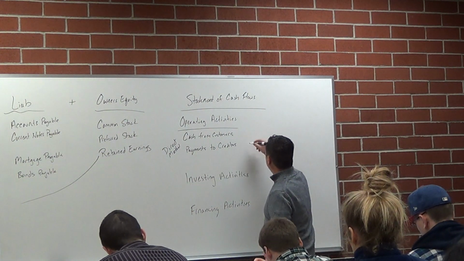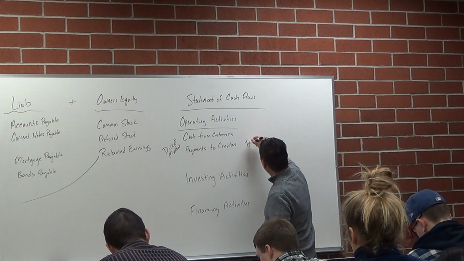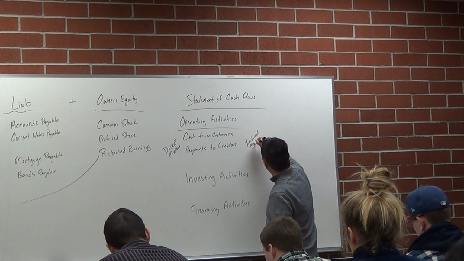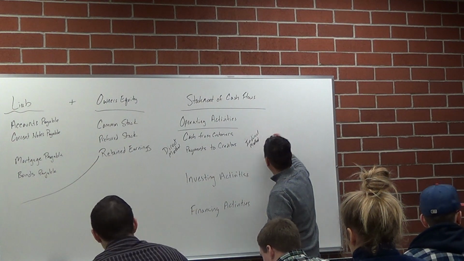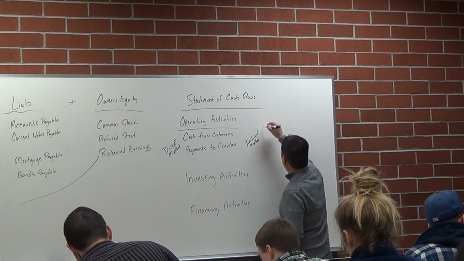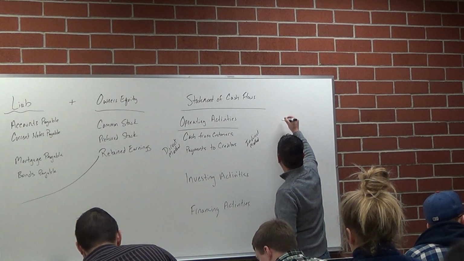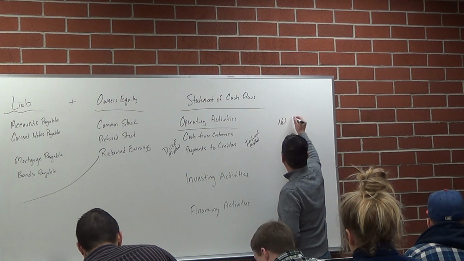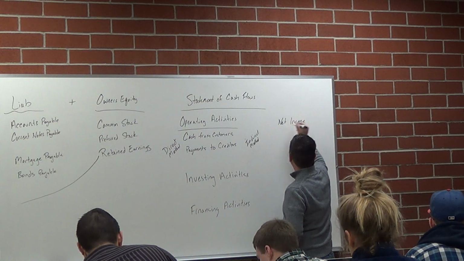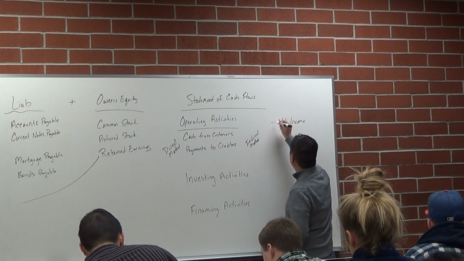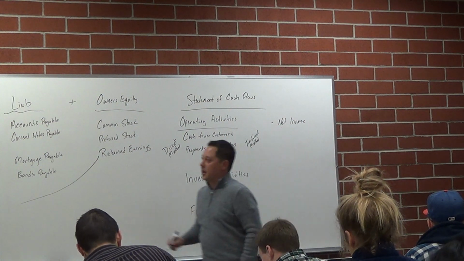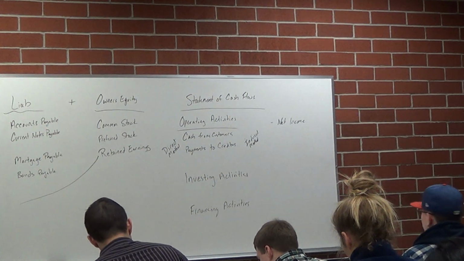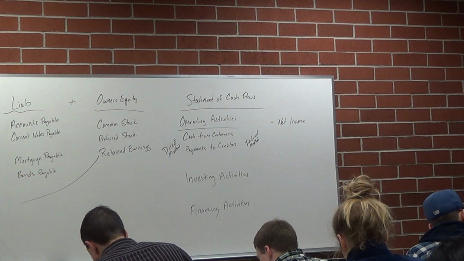So in the indirect method over here, this is a little more complicated. So we start off with our net income. That's the first thing that we have. That's why we had to do the income statement over here first.